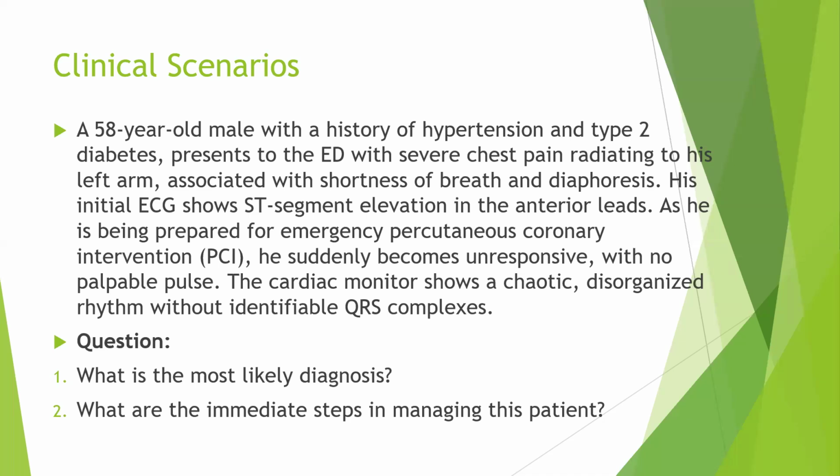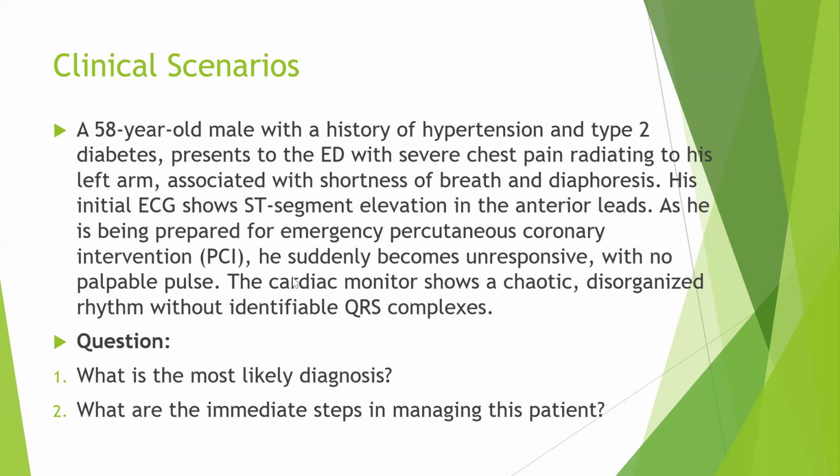As he is being prepared for emergency percutaneous coronary intervention, he suddenly becomes unresponsive. So I was saying pulseless electrical activity because the ECG shows a chaotic rhythm. However, the patient doesn't have a palpable pulse. From the introductory part of the case, it suggests that the patient has an acute MI.